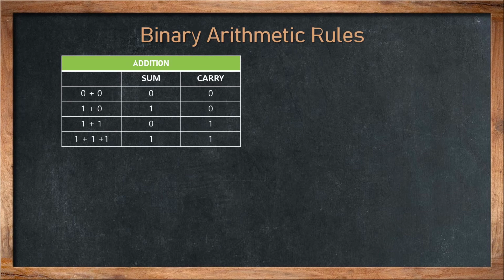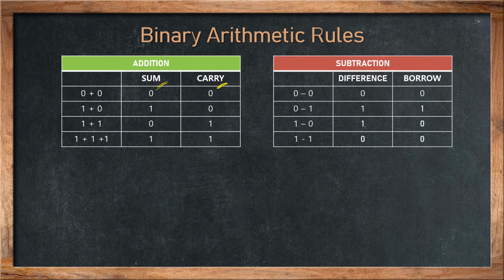We have already studied the addition of binary numbers, where we check the sum and the carry, right? So 0 plus 0, sum 0 and carry 0. Similarly we have 1 plus 0, 1 plus 1 and 1 plus 1 plus 1. So here we have different rules for addition.